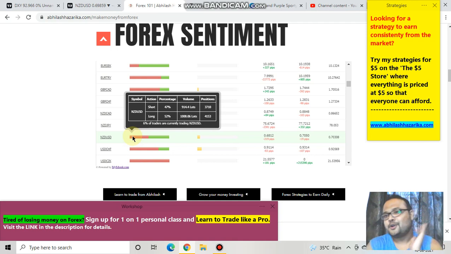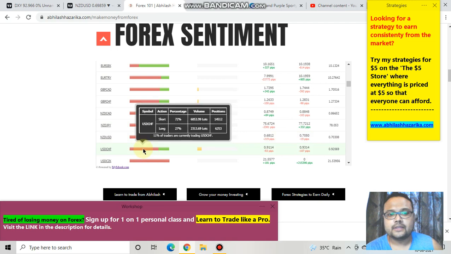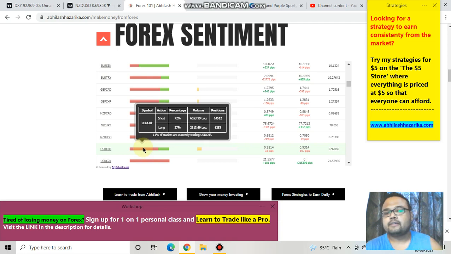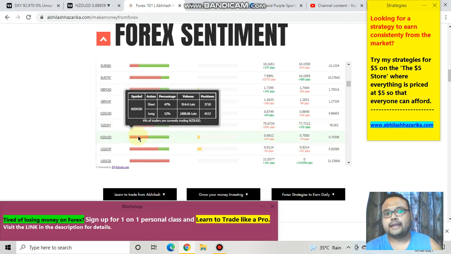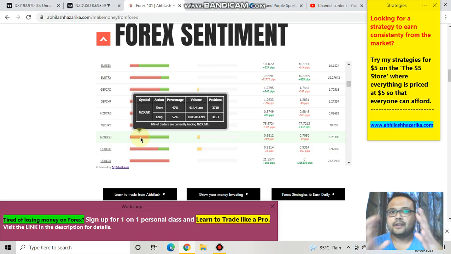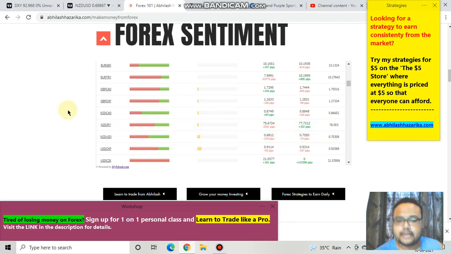They are not sure whether the market will be going up or going down. Because in currency pairs like USD CHF, 72% traders have taken short position and only 27% have taken long position. But in NZD USD, you can see that there is a confusion going on.